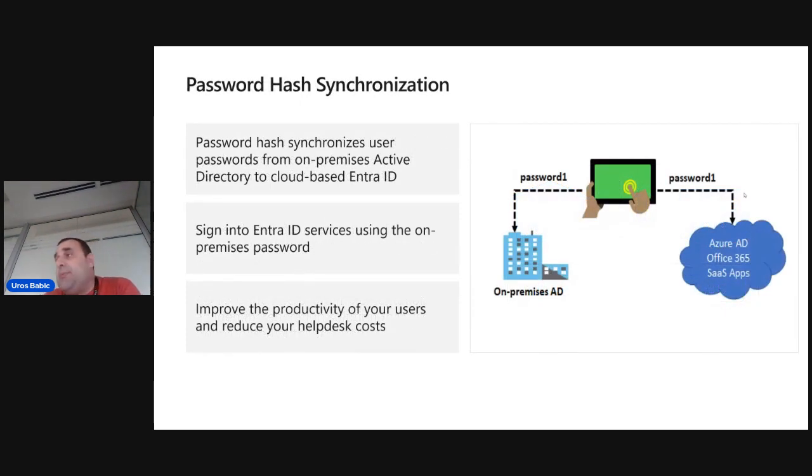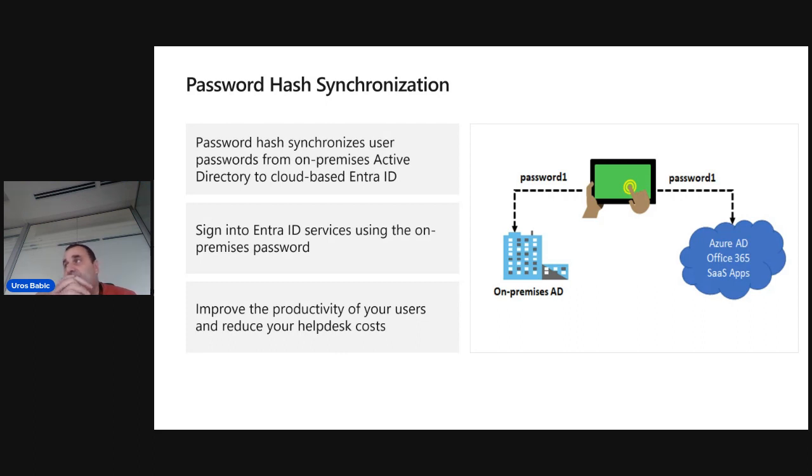And I previously described this sign-in method to synchronize the hash of users' on-premise Active Directory passwords with Azure Active Directory. And that is a very, very good feature to use to synchronize users' passwords from the on-premise environment to the cloud, and to sign in to Azure Active Directory services like Microsoft 365, Microsoft Intune, Active Directory domain services.